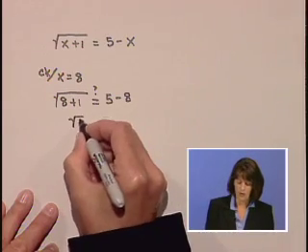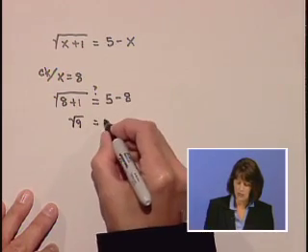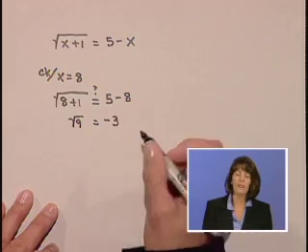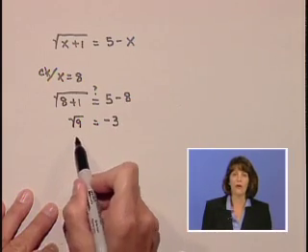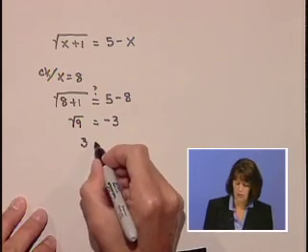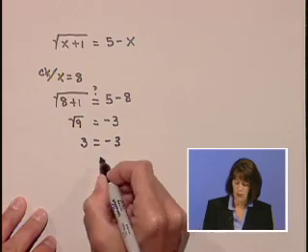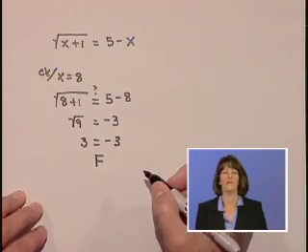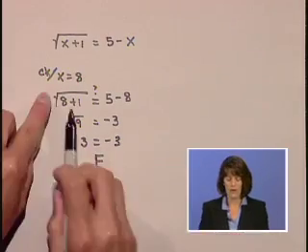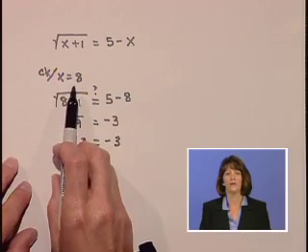In other words, is the square root of 9 equal to negative 3? Here this is asking for the principal square root, the positive root, which is 3. And we can see that this is a false statement. Therefore, 8 is not a solution to this equation.